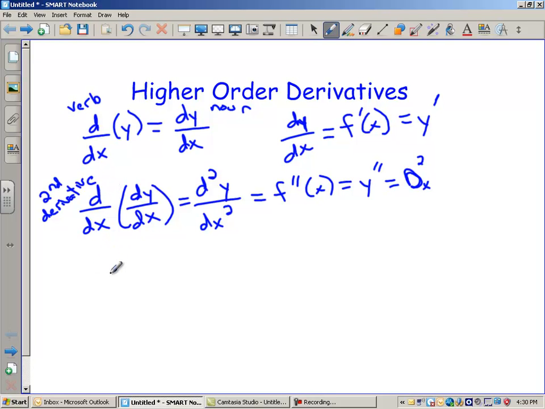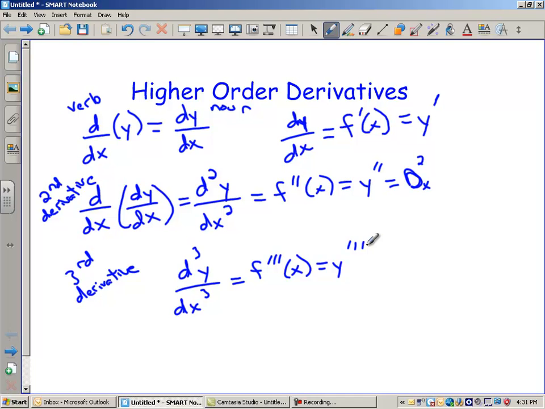So I guess the third derivative should be pretty easy to follow this pattern. The third derivative would be d cubed y over dx cubed, which is the same thing as f triple prime of x, which is the same thing as y triple prime.